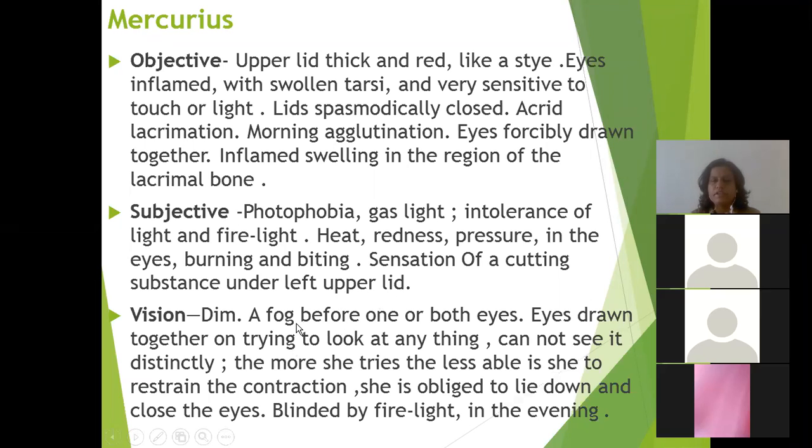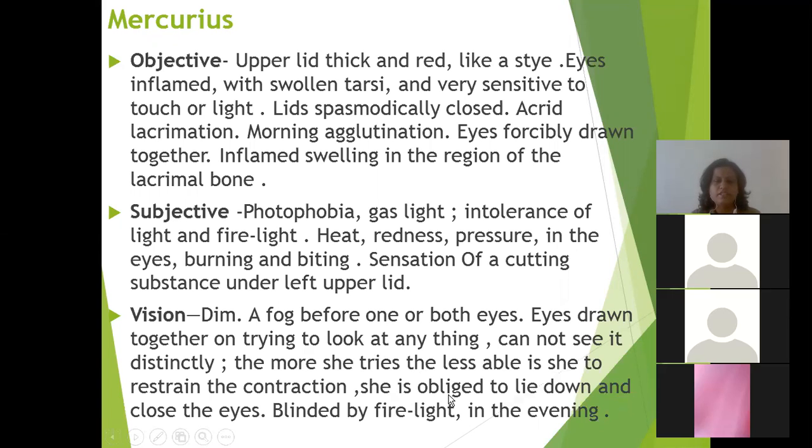Vision of Mercury is dim, a fog before one or both eyes, eyes drawn together by trying to look at anything and cannot see it distinctly. The more she tries, the less able she is to restrain the contraction.